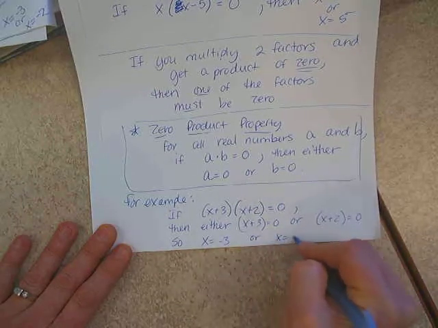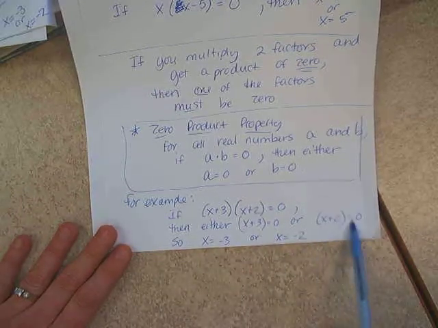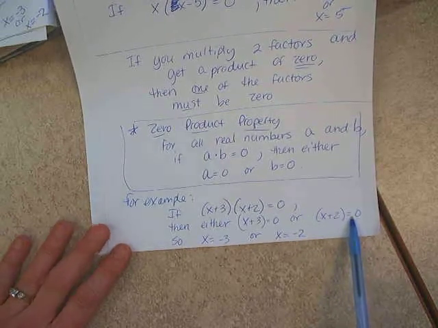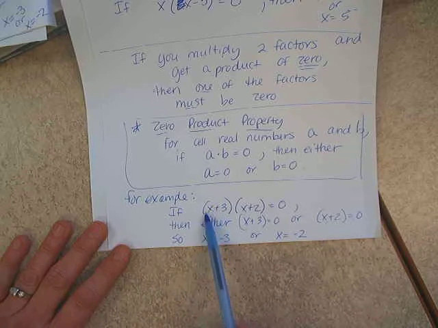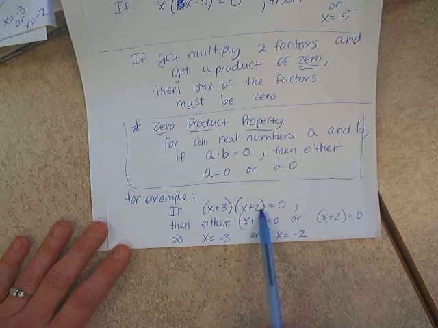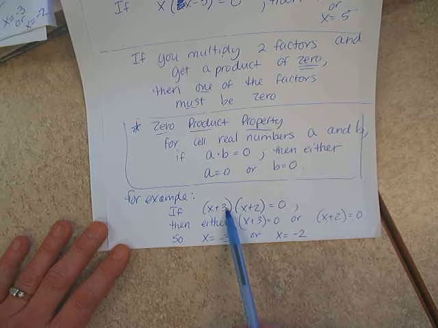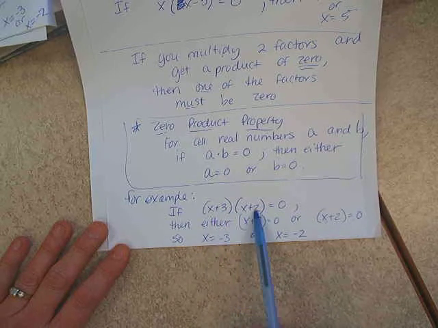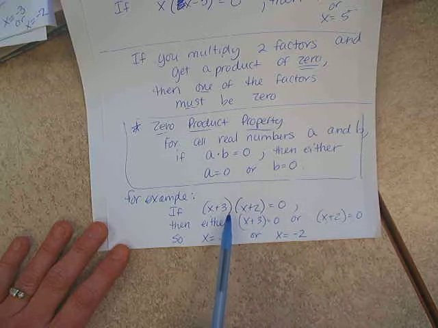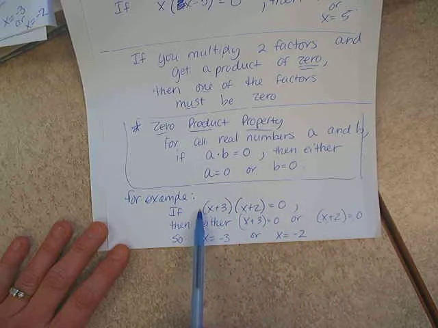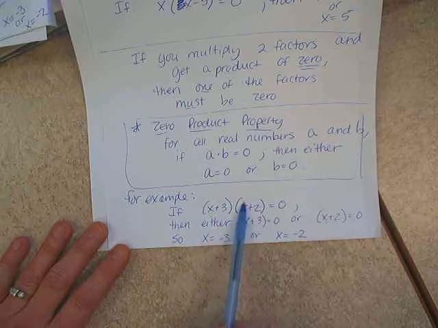With the other one, what would make this equal to 0? If I subtract 2, negative 2 would make that binomial 0. Now I know some of you are looking up here going, yeah, but if I plug negative 2 in, this is 0, but that's 1. Well, what is 1 times 0? 0.